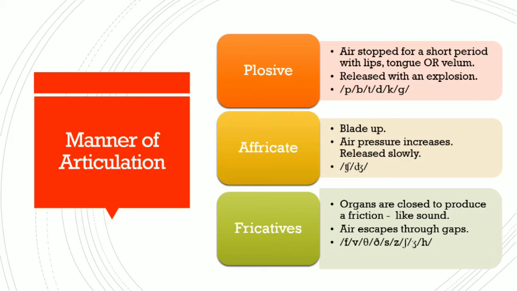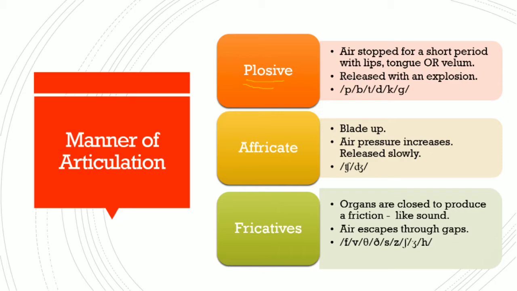So, manner of articulation has different types of interaction. According to the way in which the vocal organs interact, you are going to find different characteristics. For example, plosive consonants, in which the manner of articulation is a plosive one. I want you to think about the words so you can understand.